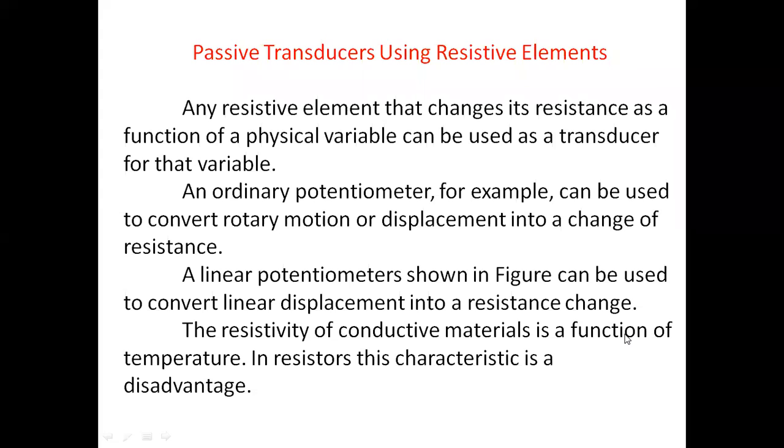Good evening to all. In the last lecture, we discussed passive transducers and active transducers. Passive transducers are classified based upon the electrical elements, that is passive elements such as resistor, capacitor, inductor, and also active elements.